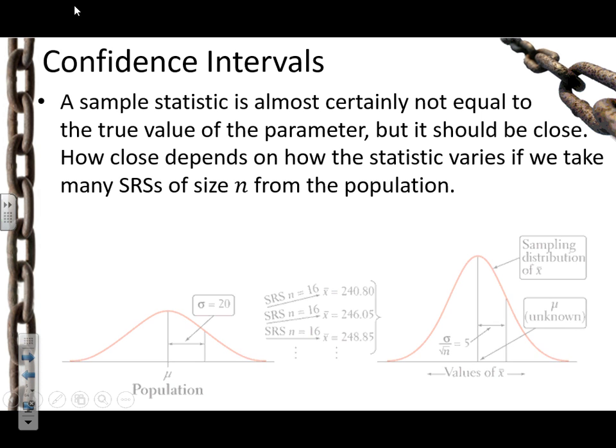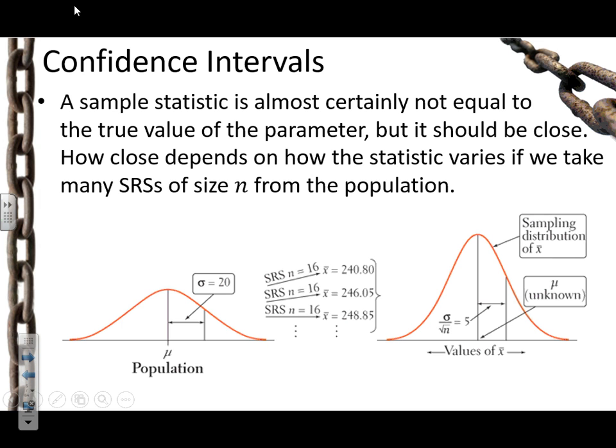Now, we know from last chapter whether we're working with proportions or means, when our conditions were met, specifically when our large enough conditions were met, we were able to use normal distributions to approximate our distributions.